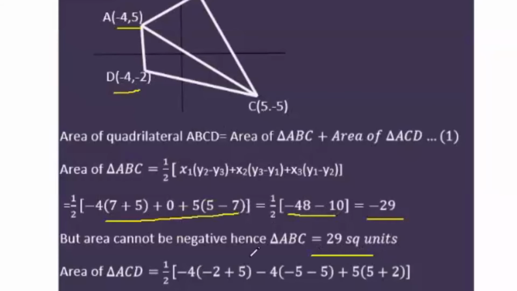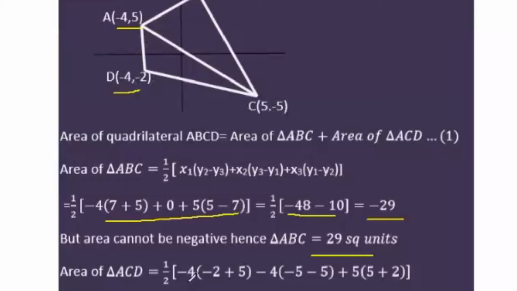Now we'll again substitute the values in the formula. Half x1, x1 is minus 4, y2 minus y3 is minus 2 minus minus 5, that is minus 2 plus 5. So we've got this much.